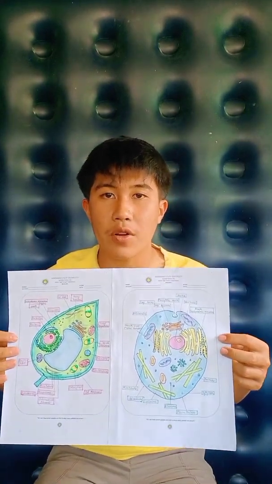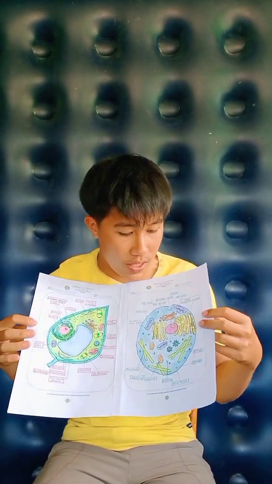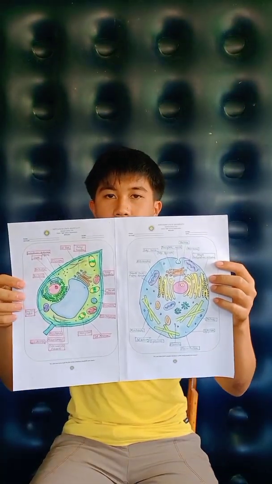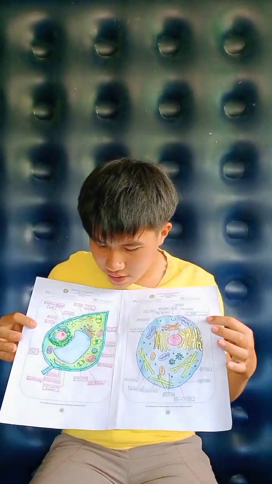The function of this part is that it protects the DNA. DNA never leaves the nucleus. Hindi niya po iniiwan si nucleus. But it can send messages to the other parts of the cell even though hindi niya iniiwan si nucleus.